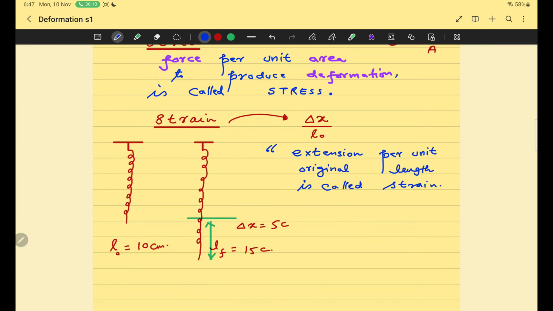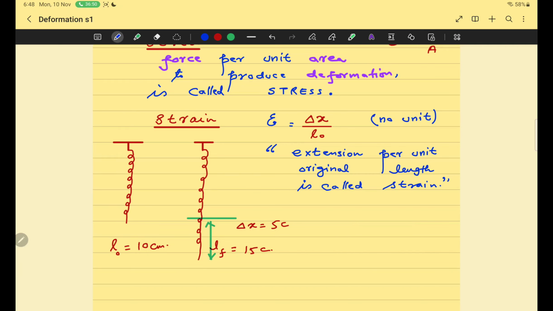We have a symbol of strain as well. I think it is just like Ain in Arabic, and this Ain in physics is the symbol for strain. So strain is equal to extension per unit length, and it has no unit. It is not a physical quantity; it has no unit.